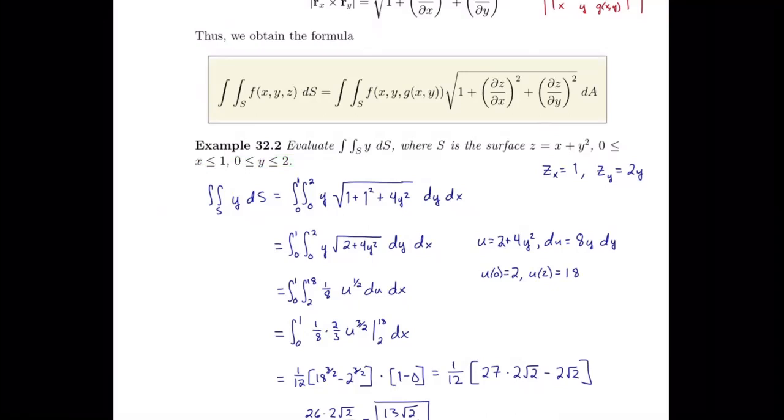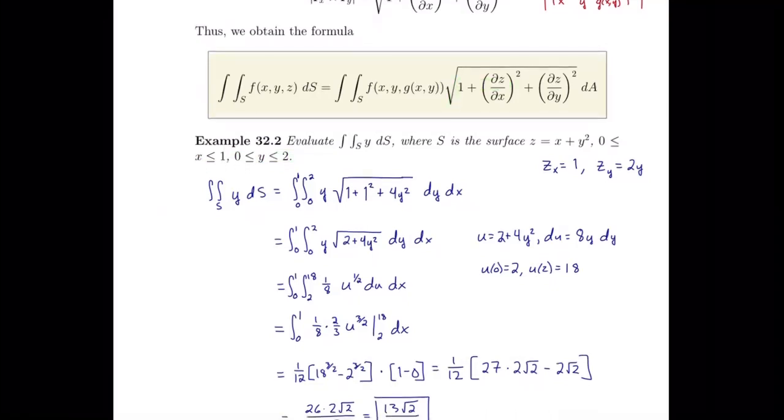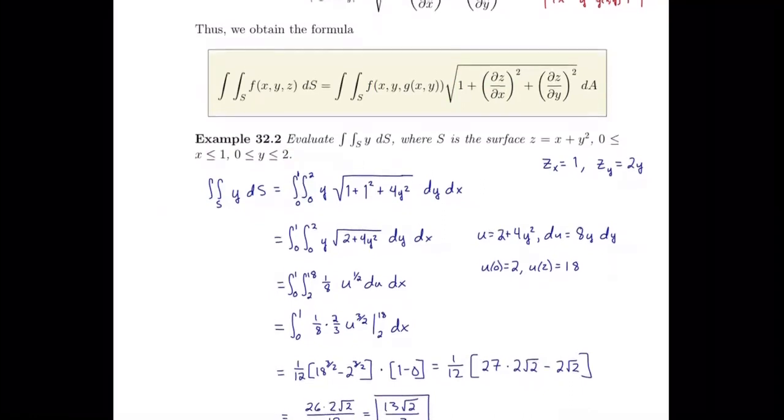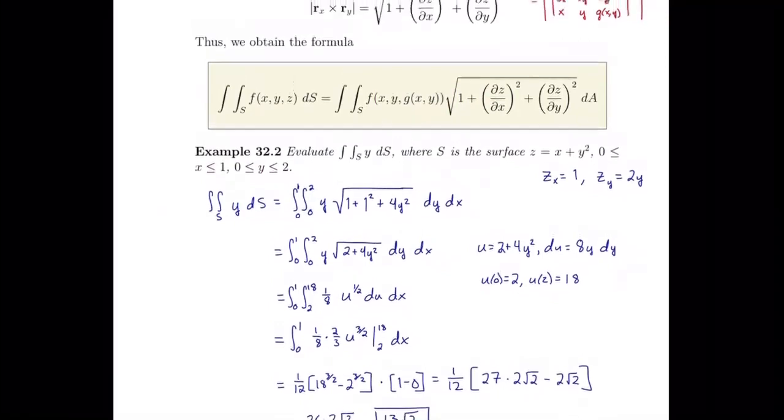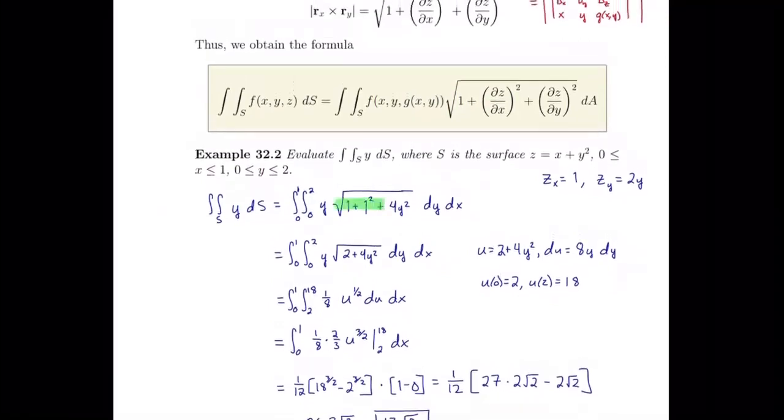Well, we use the formula given here to come up with our ds component, right? ds is equal to this term times dA, and in this case, dA is dy dx, okay? So we need our derivative of z with respect to x, that's 1.